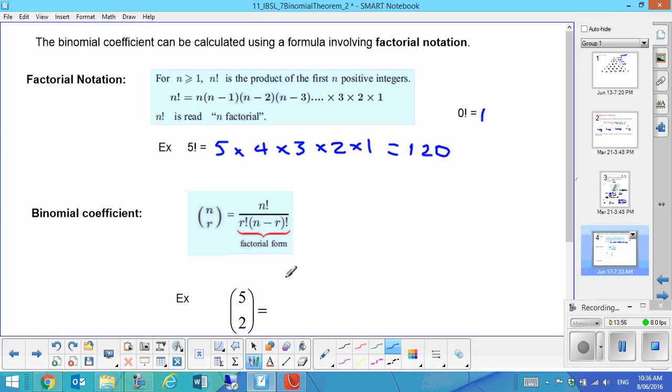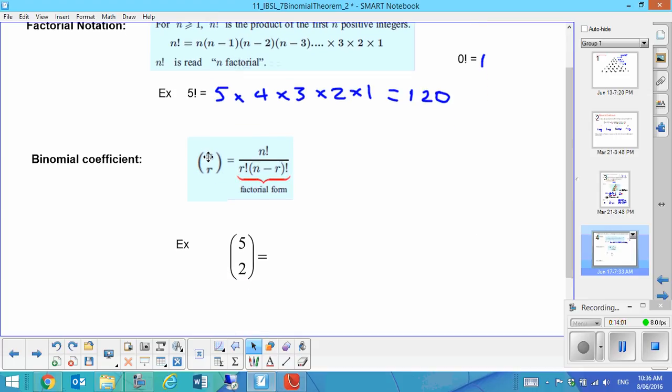So to calculate our binomial, we can use this rule here. nCr is equal to n factorial divided by r factorial times n minus r factorial. So these are all factorials. So let's do that for 5C2. So that means on the top we want 5 factorial divided by 2 factorial times 5 minus 2 factorial, which is going to be 3 factorial.